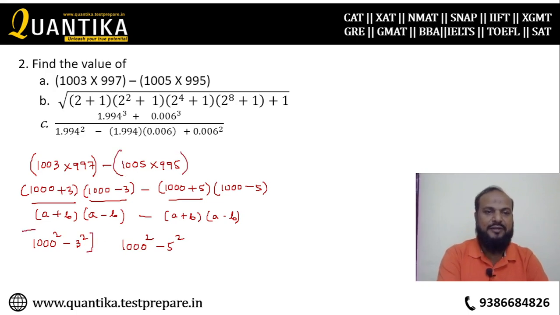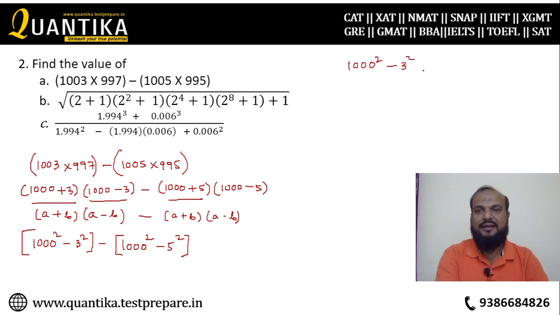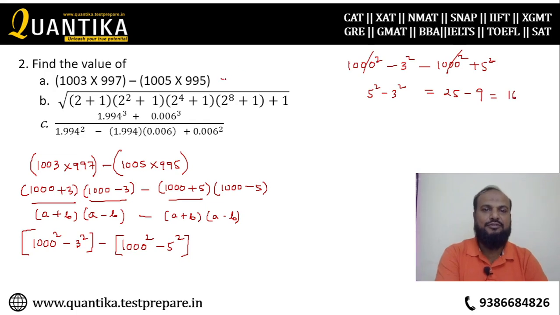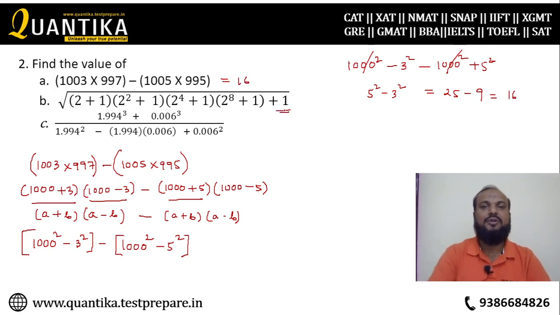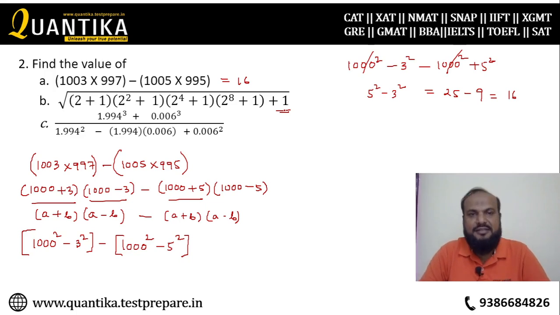So 1000 square minus 3 square, when you open the bracket it is minus 1000 square plus 5 square, so the 1000 square will be gone and it will be 5 square minus 3 square. As you can see, 5 square has a positive sign. So 5 square is 25 and 3 square is 9. So 25 minus 9 is 16. So the answer for this question should be 16. You can check it. I'm not solving the second question because it will be done at a later stage, or you can consider this your homework.